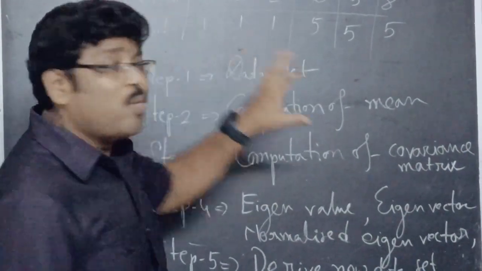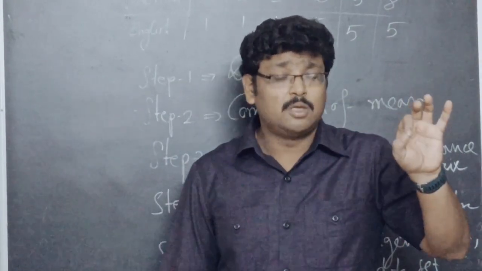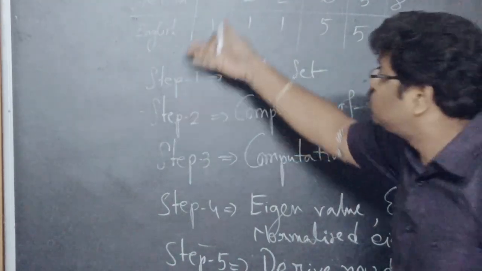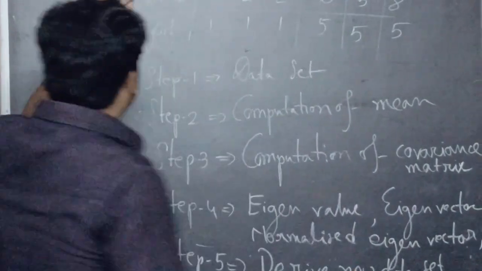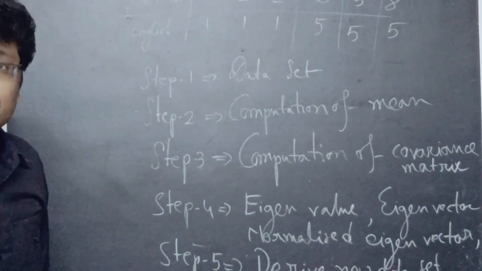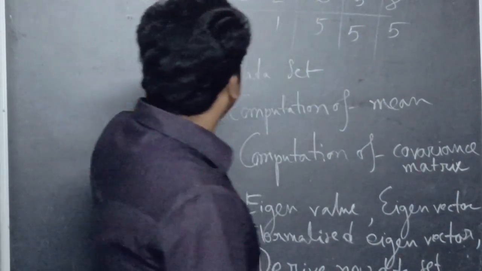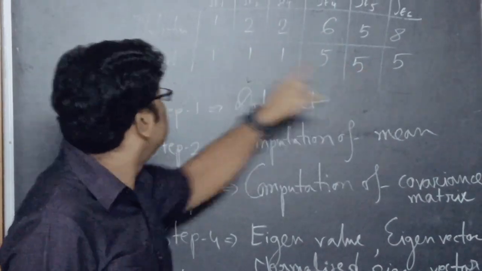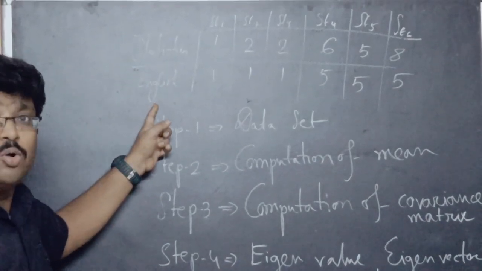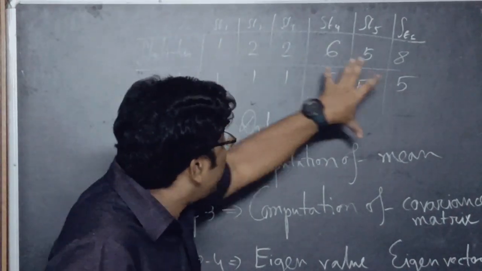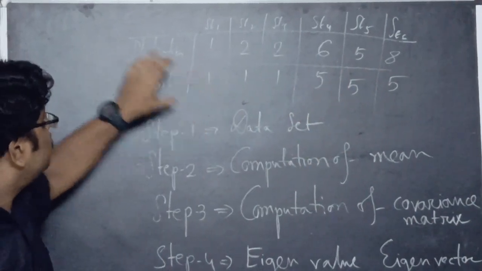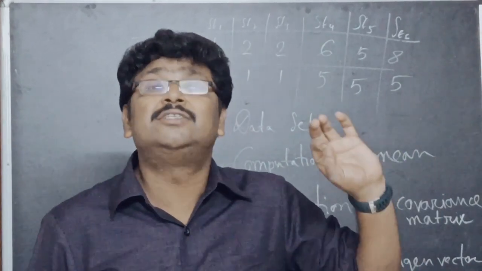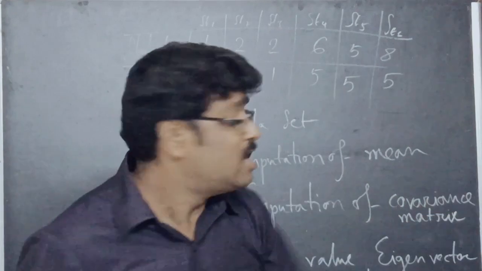Here you are asked to reduce the dimension from 2 to 1, because we have two variables: statistics and English. There is an examination, out of 10 marks, where 6 students obtained these marks in statistics and English. If you are asked in such a way, then it is nothing but principal component analysis.